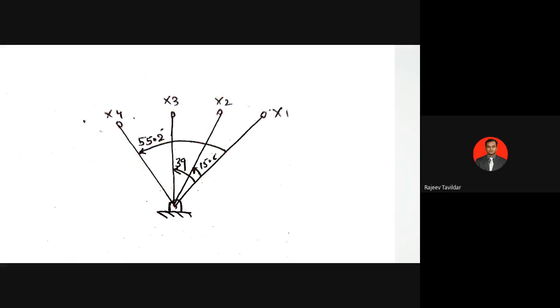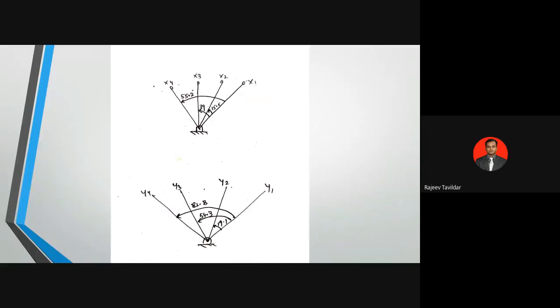So here, the initial position of the first link, whatever you draw, is always based on an assumption. That means you will have to assume some initial position of the link. With that initial assumption, you then find out x2, x3, and x4 in terms of angle.